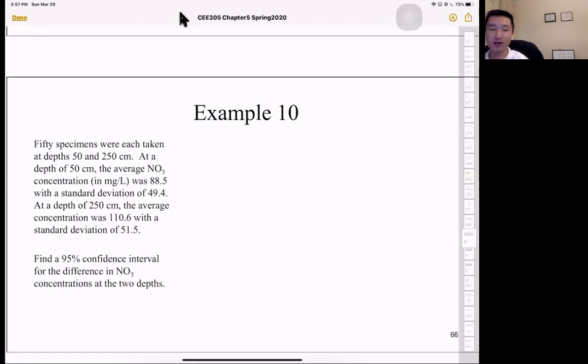So if we define x1 to x50 as the concentrations of the 50 specimens at 50 centimeters, then the mean of x is 88.5 and the sample standard deviation is 49.4.